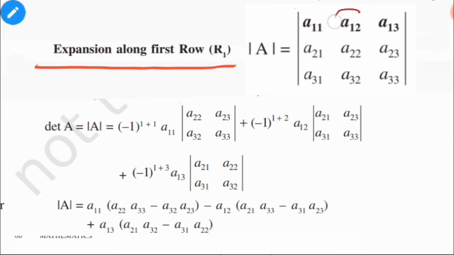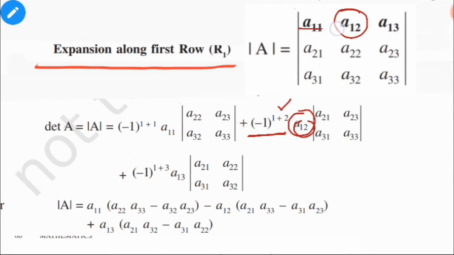The second element of row 1 is A12. So A12 into minus 1 raised to 1 plus 2. This 1 plus 2 comes from the suffix of A12. So A12 into minus 1 raised to 1 plus 2.